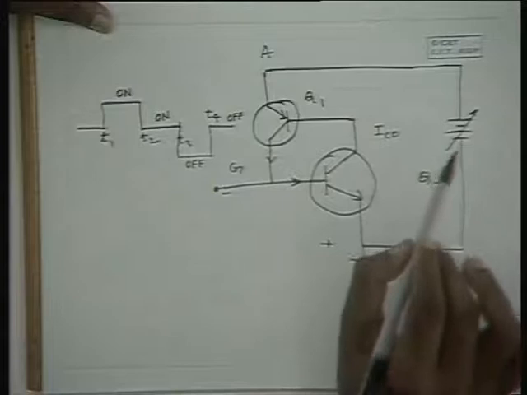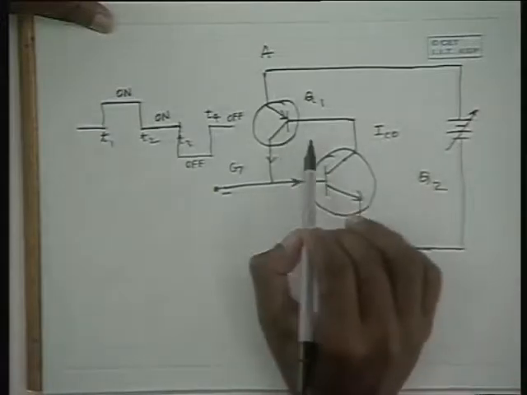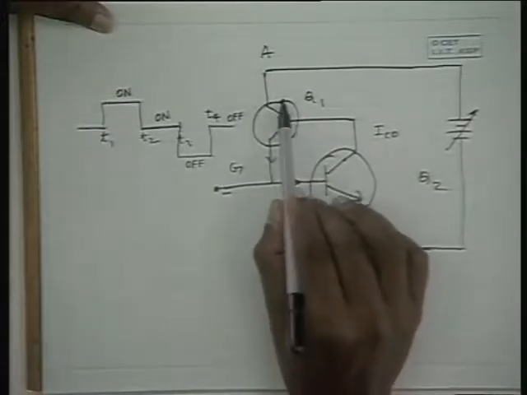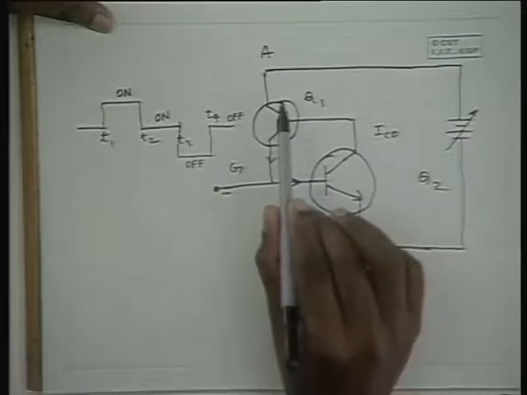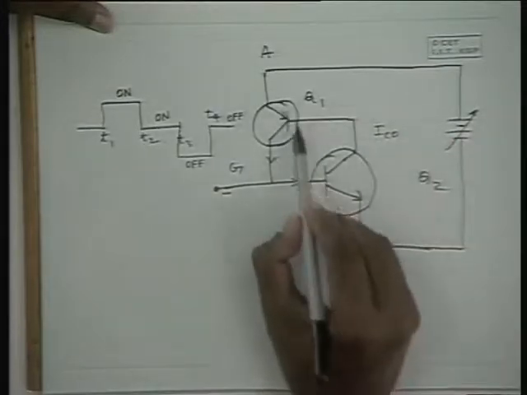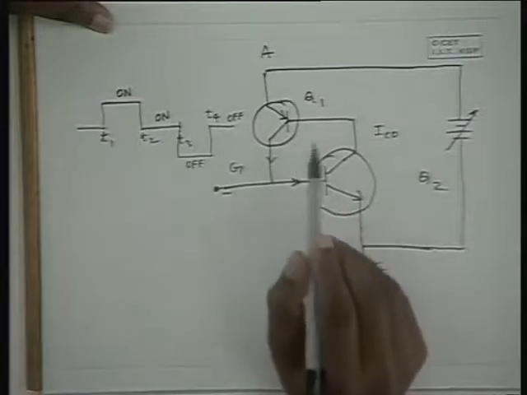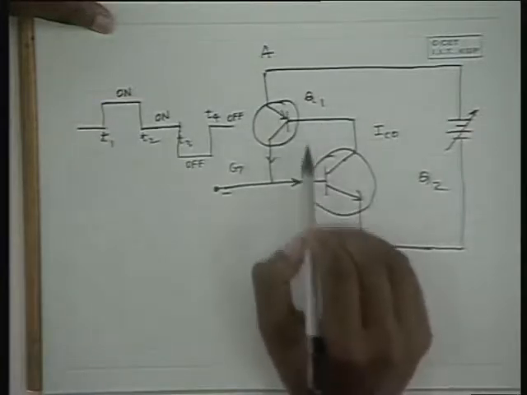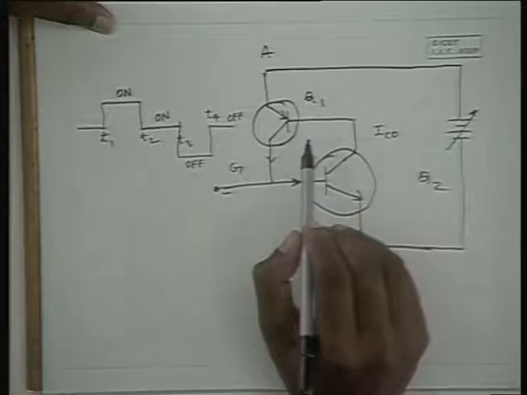Now if the potential is increased, the potential across each junction reaches a breakdown potential where these PN junctions break down.